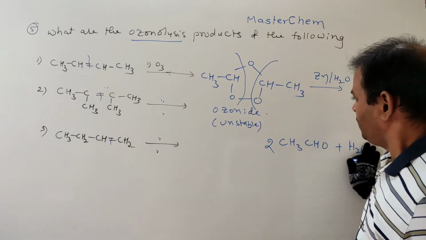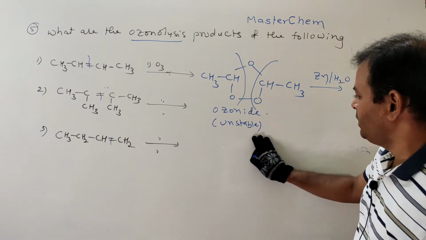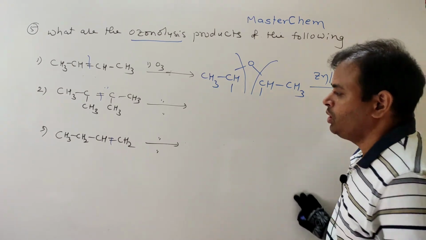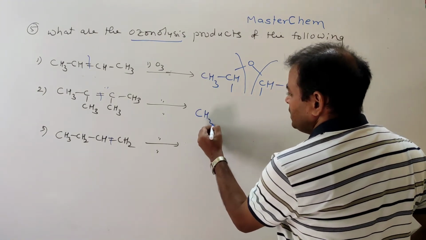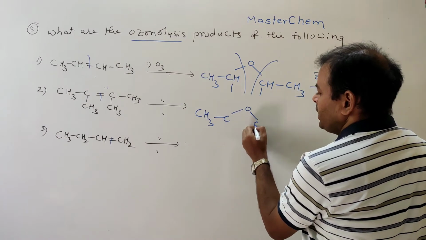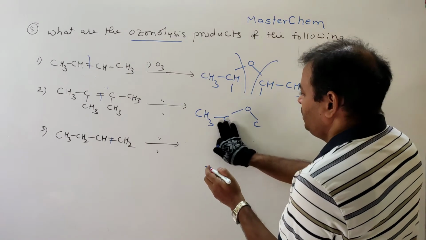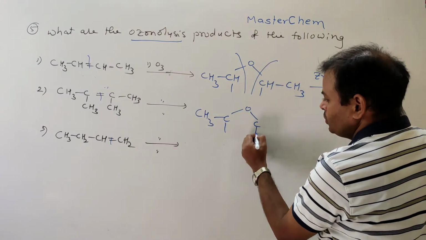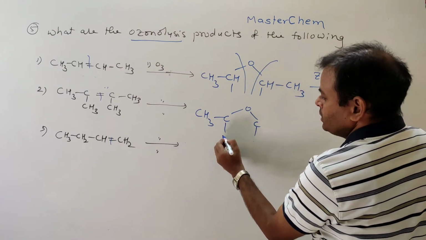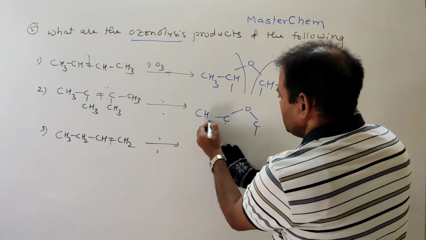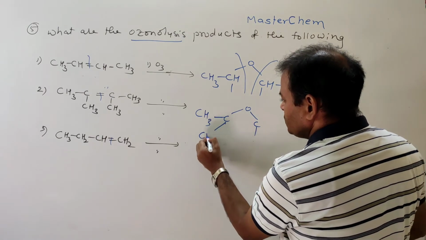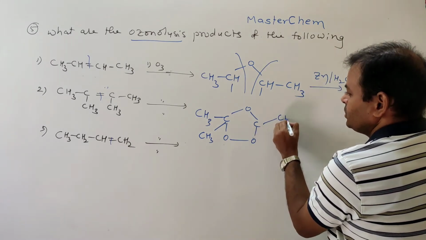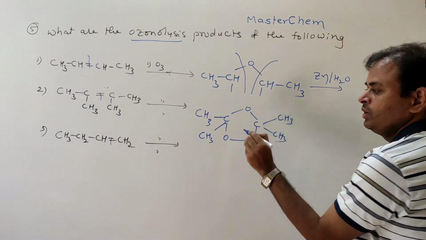Now write the ozonolysis product for the second reaction in the same way. At the unsaturation, place the ozonide O3. Here one more CH3 is there, so CH3, CH3 on both carbons.